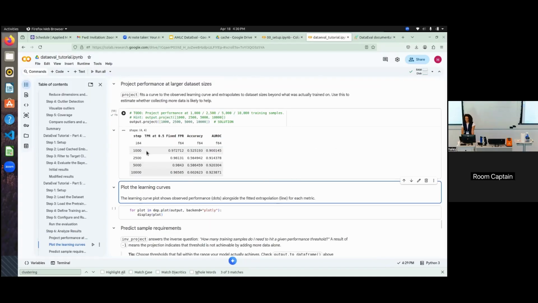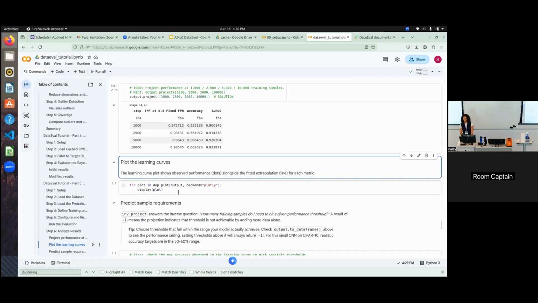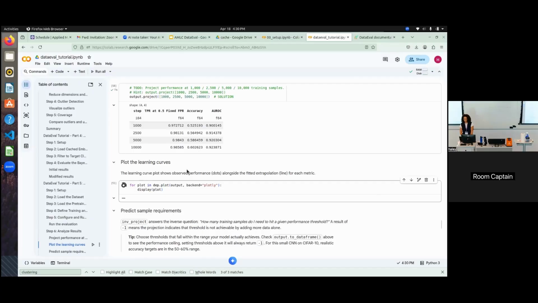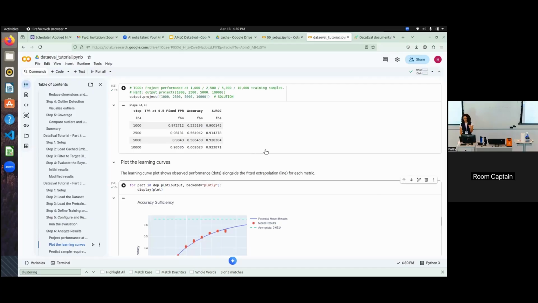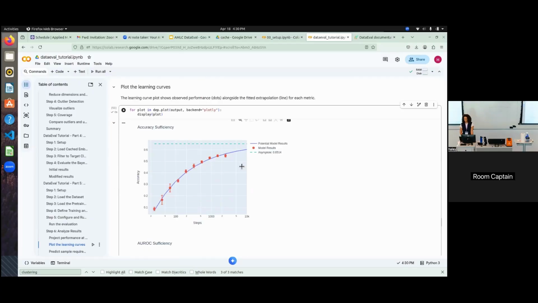And so you can say, once we start getting out to like 10,000 samples, what is the accuracy that we can potentially get, and keep going from there. And then you can plot this learning curve to show the observed performance alongside the fitted extrapolation. So you can see where that peak or trade-off is, at what point it starts to level off.